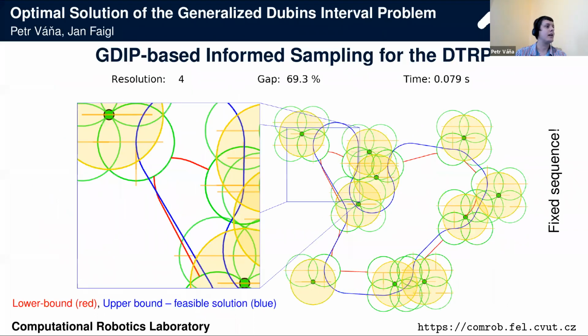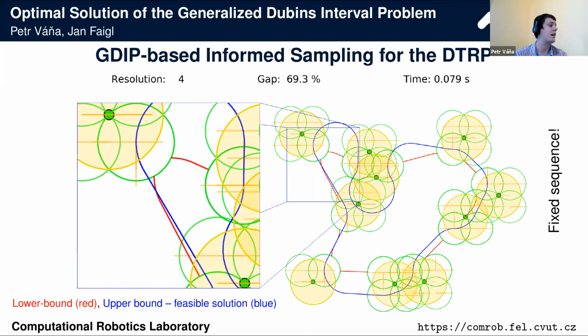So what is the bigger problem? So we have, in this case, 10 disks we want to visit using our curvature-constrained trajectory. And here, what can you see? There are so many lines. So first of all, the red and blue lines are all Dubins paths.